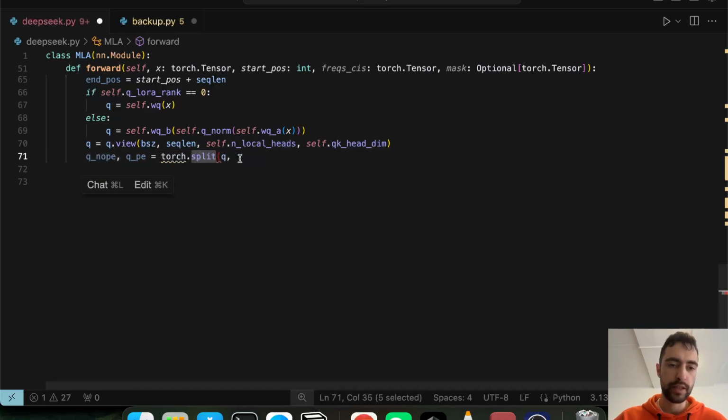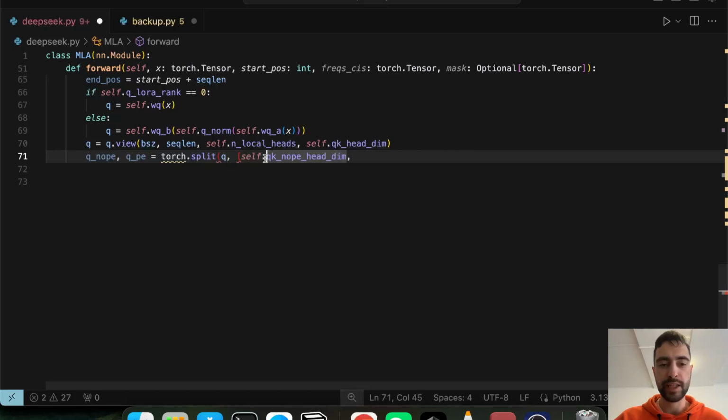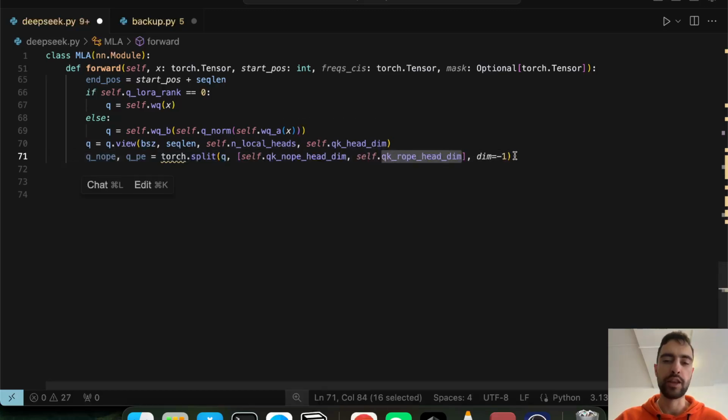With torch.split, we are splitting the Q vector into nope head dimension and rope head dimension along the last axis, the innermost axis. And so we have Q positional head.